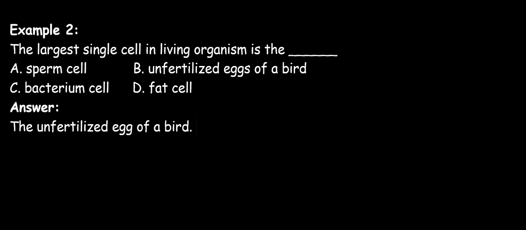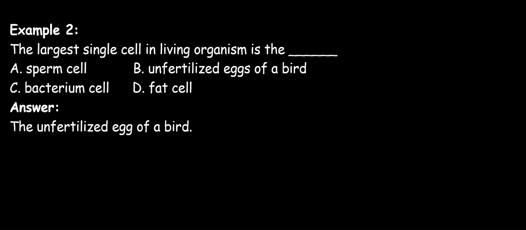Also, from the facts I told you to note, you would see that the sperm cell is the smallest single cell in the human body, while the bacterium cell is also a very small cell, and the smallest cell is mycoplasma, which is a bacteria.